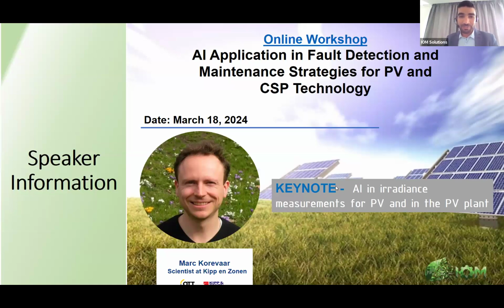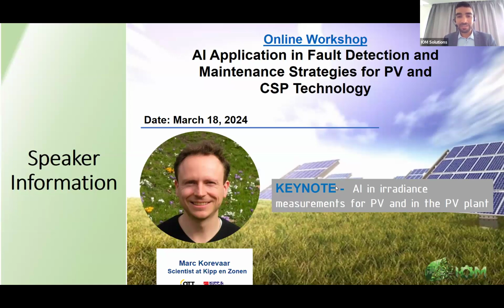Mr. Marc Korevaar received his PhD degree from the University of Technology in 2015 for his research on applied physics. Since 2015, he works at Kipp & Zonen in research and development. There he is involved in the development of new solar energy detectors, their calibration and radiometry.